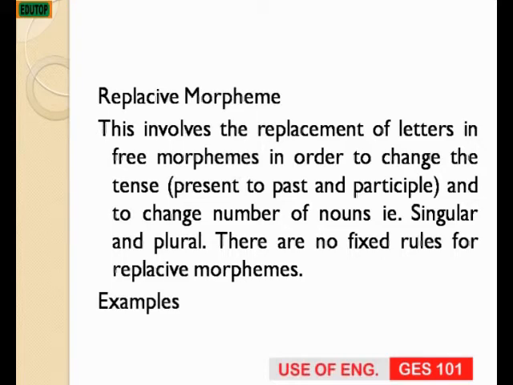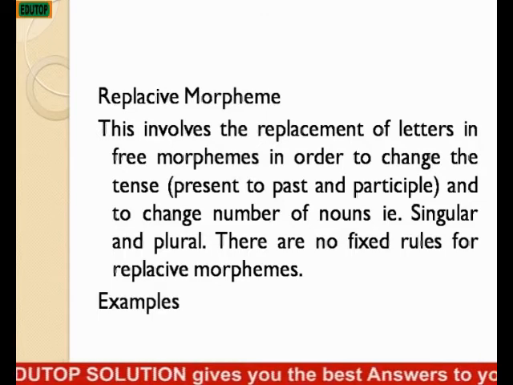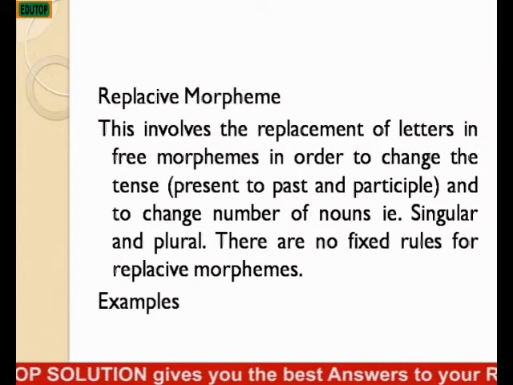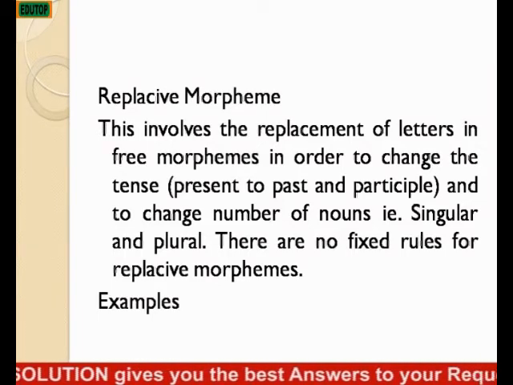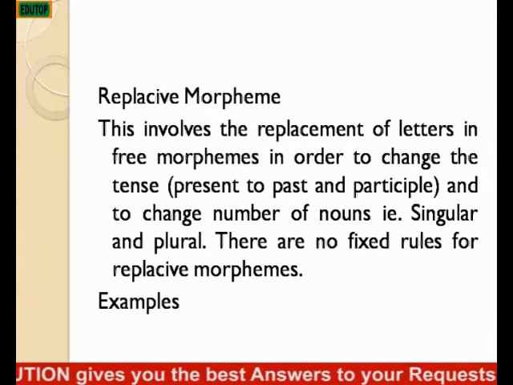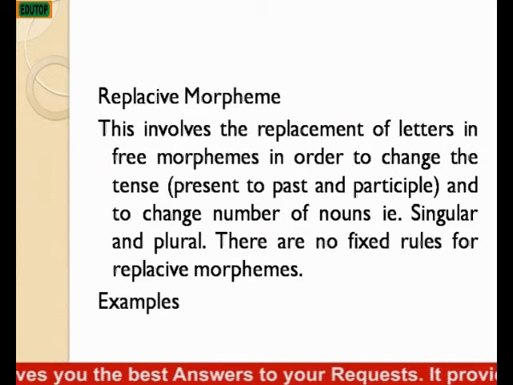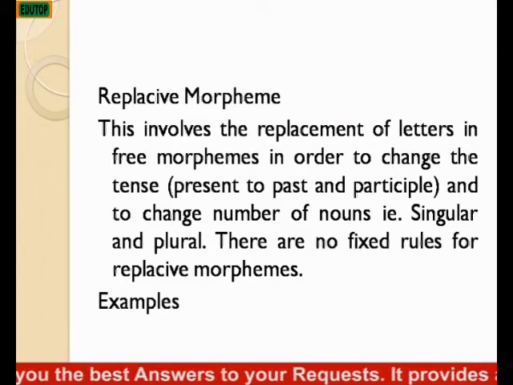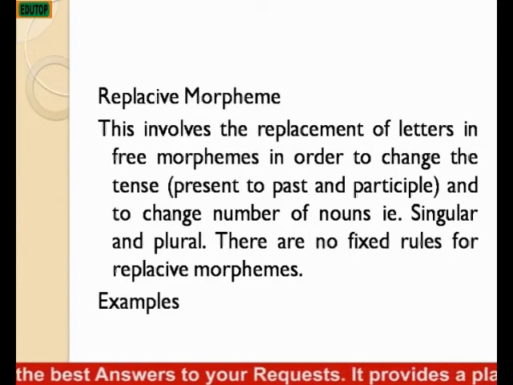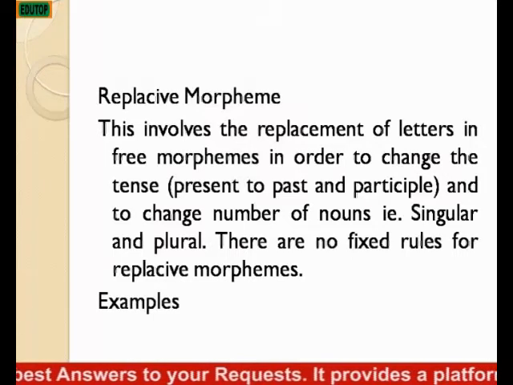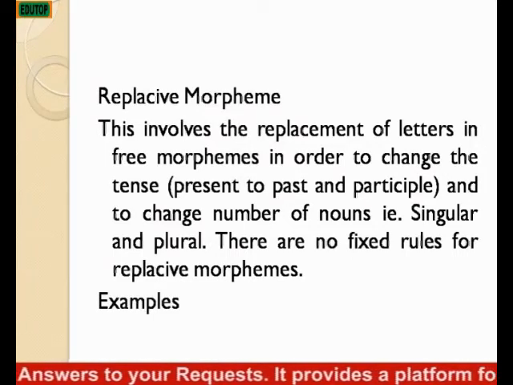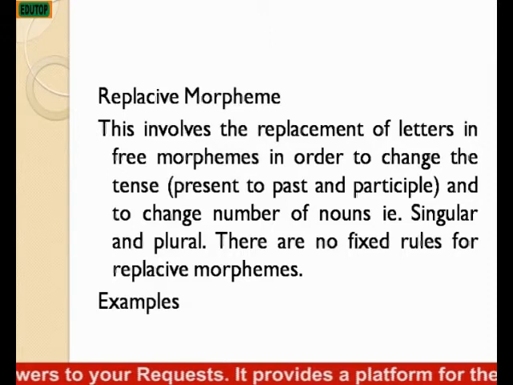Another category under pluralizing nouns is the replacive morpheme. Here, the rule for changing singular to plural is not fixed, such that the spelling in most cases changes completely. Let us look at some of the examples we have. Mouse, which indicates singular.